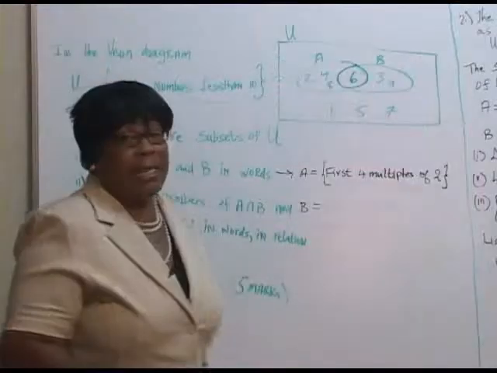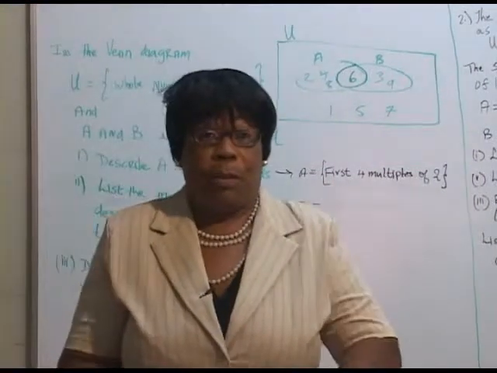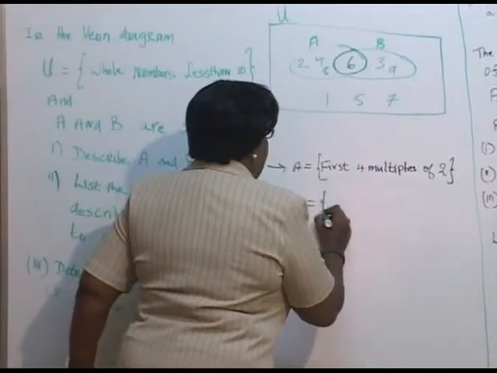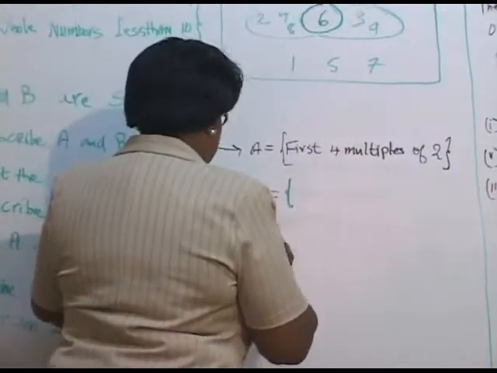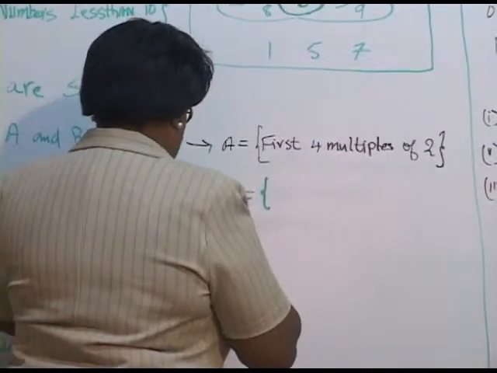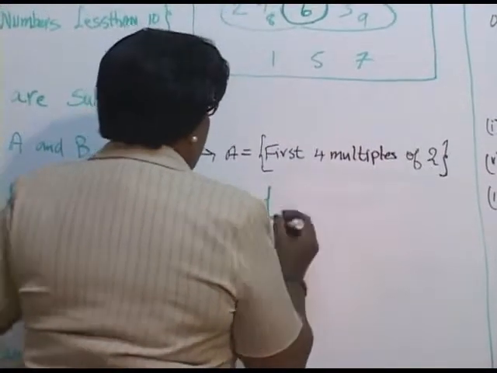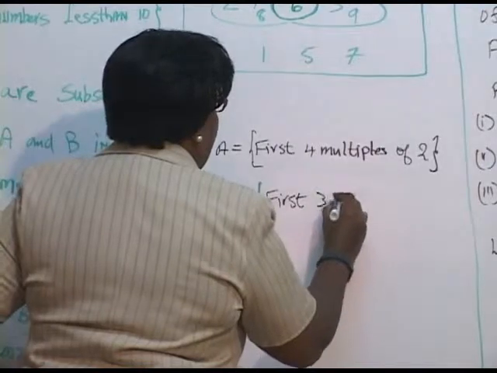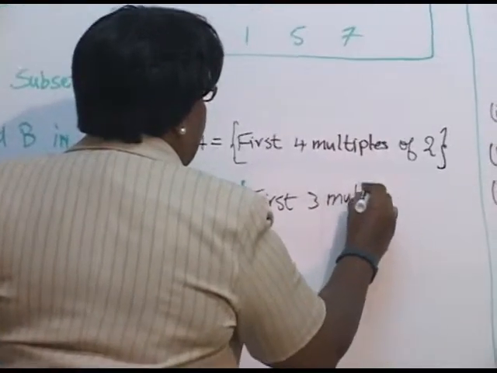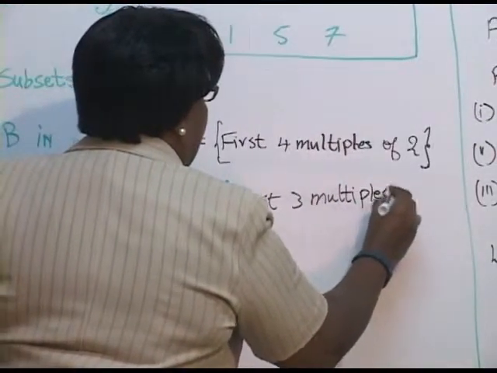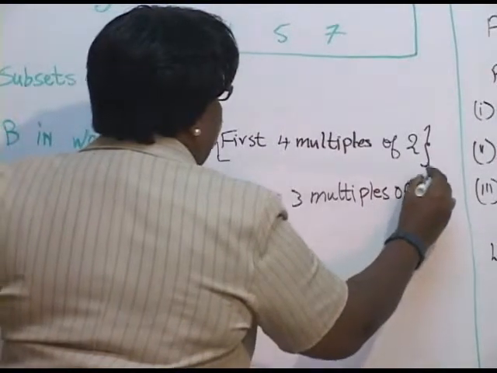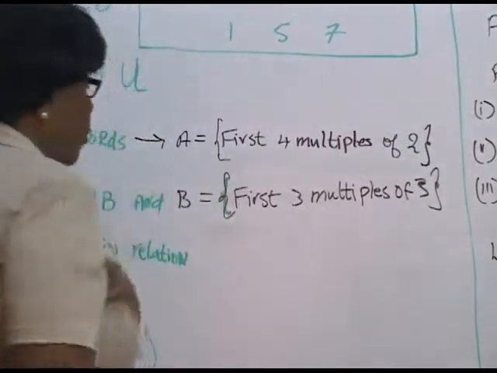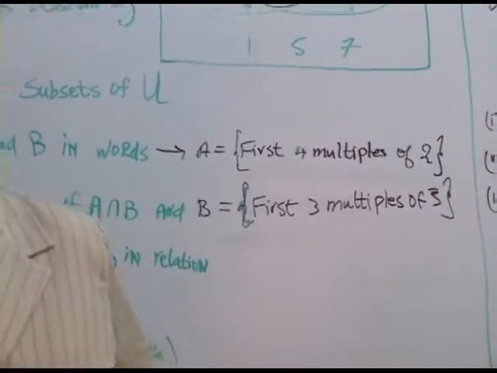And right away we can say, yes, it is our first 3 multiples of 3, okay? So here we have the first 3 multiples of 3. All right, so that's what we're doing here for B.